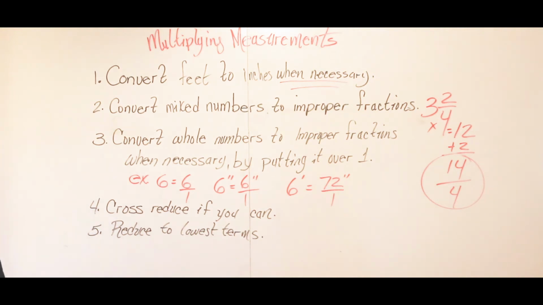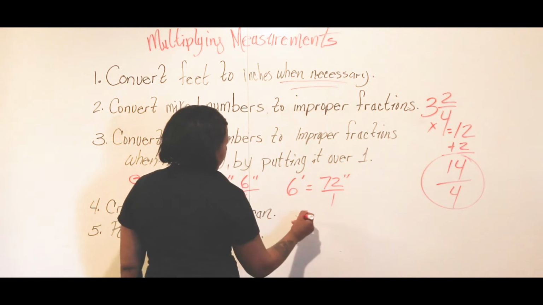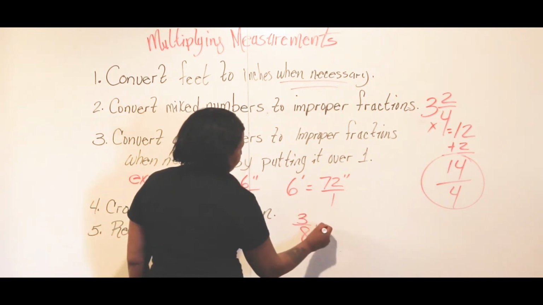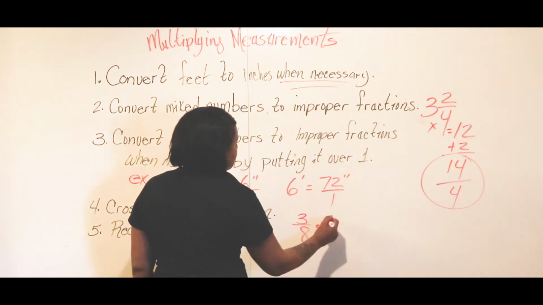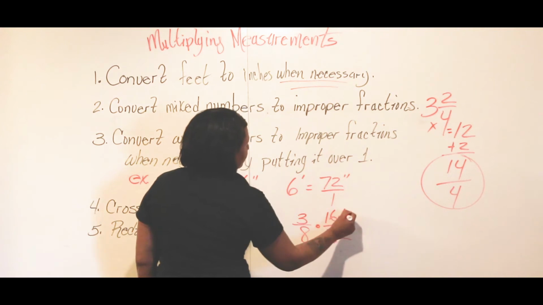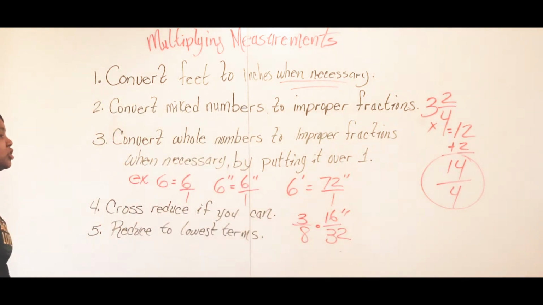Step 4, cross-reduce if you can. And step 5, reduce to its lowest terms. And what I mean by cross-reducing, let's say you have 3/8 times 16/32 of an inch. When you're multiplying, you'll never multiply 2 units of measure.